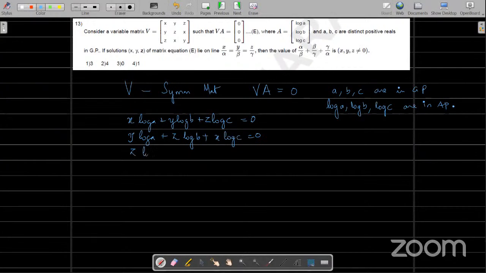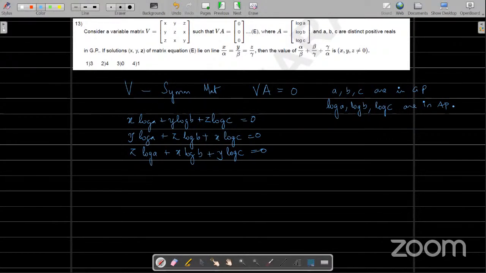Similarly, z log a plus x log b plus y log c is equal to 0. So this is the kind of matrix symmetry that it has.